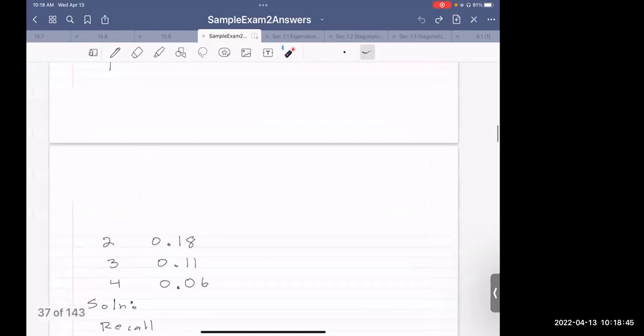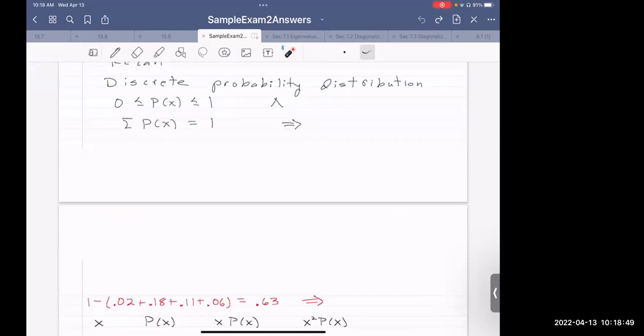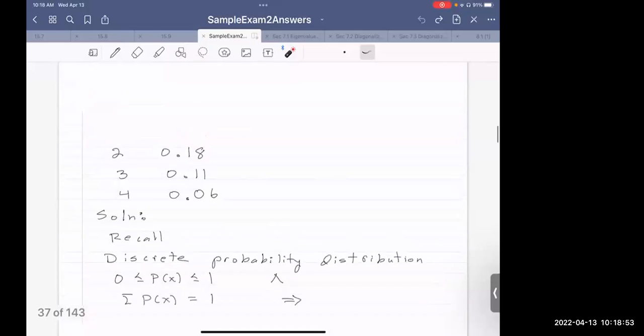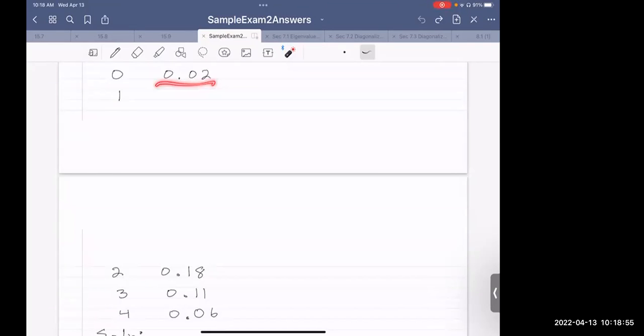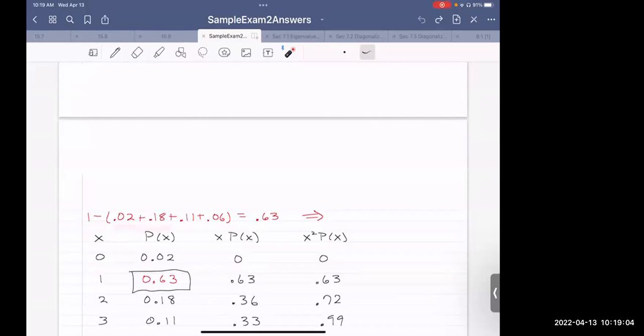So whatever is missing must be the difference between the sum of these values and 1. And so let's do 1 minus 0.02 plus 0.18 plus 0.11 plus 0.06, 0.63.